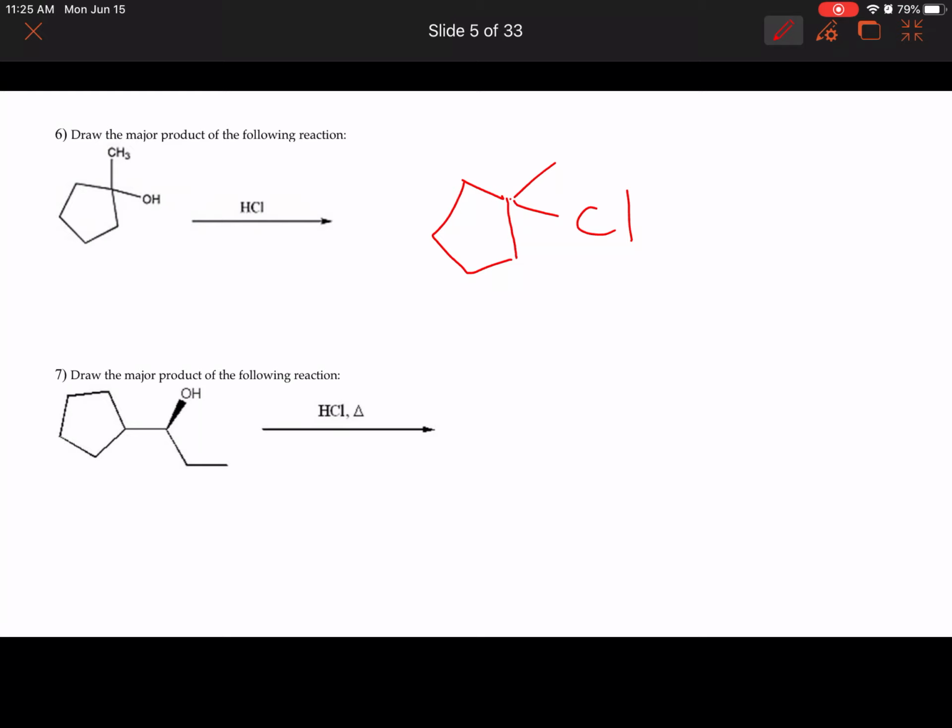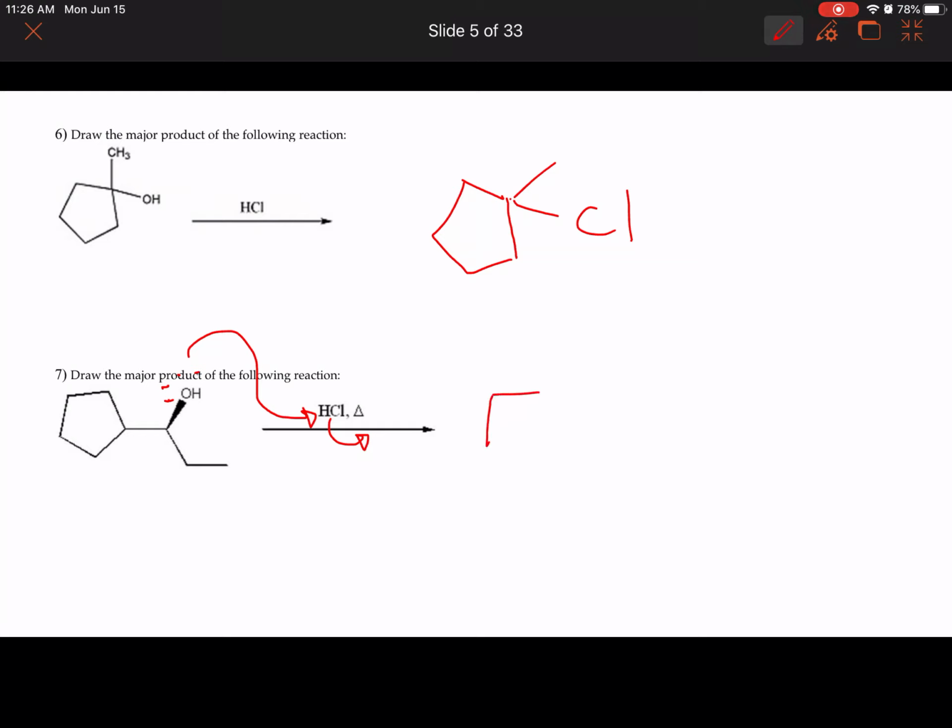Now what's going to happen over here? So when you add HCl and heat, again the OH will protonate. Okay, so one of the lone pairs, remember oxygen has 2 lone pairs, one of the lone pairs will go and grab hydrogen, and then water is going to leave.